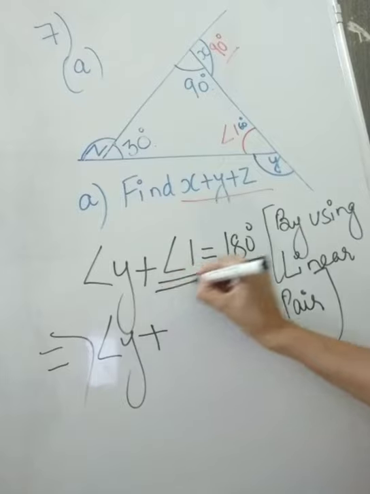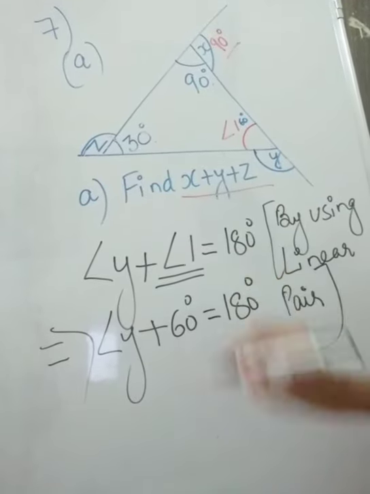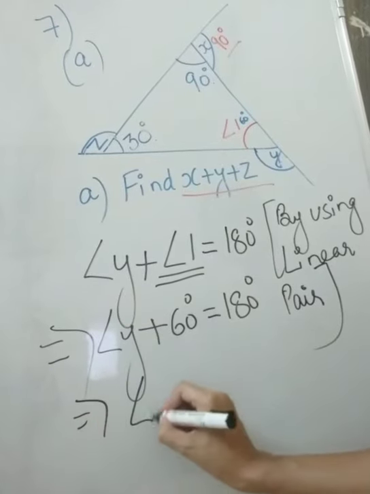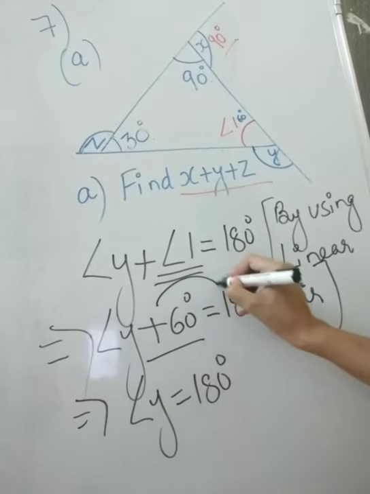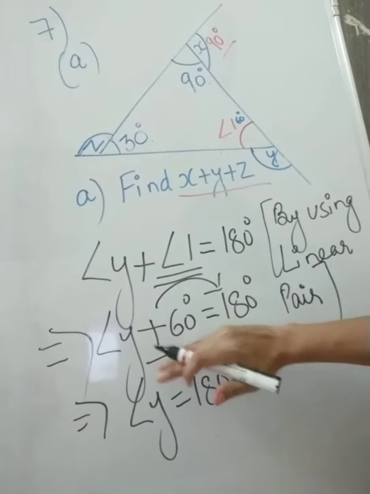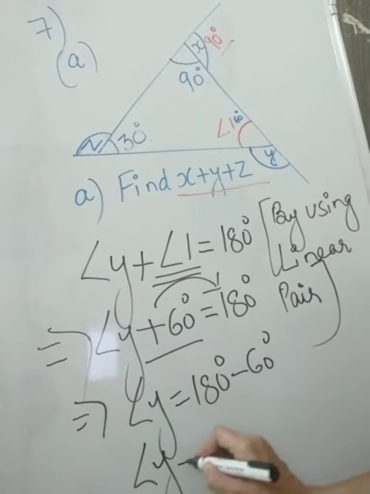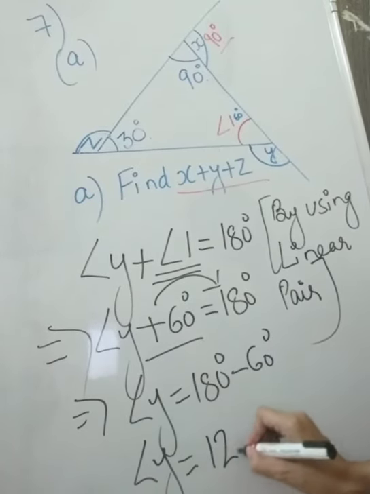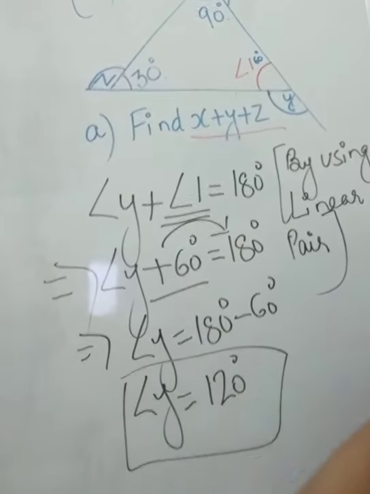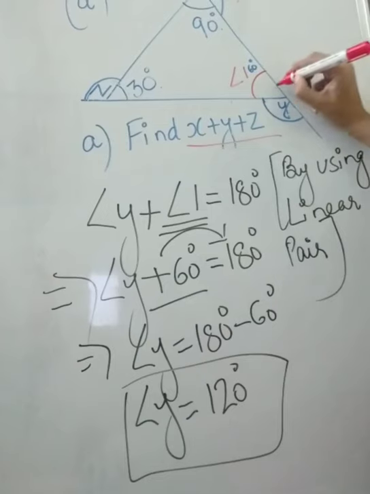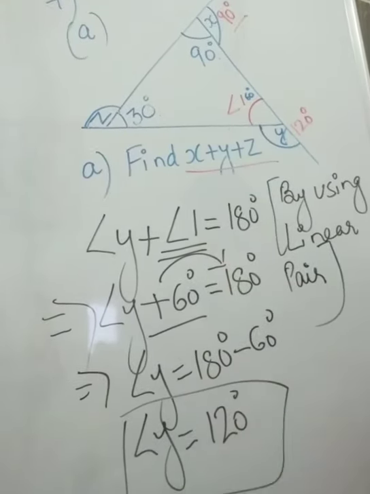So in place of angle 1, we will write 60 degree. Now angle y is equal to 180 degree. This plus 60, when it moves to RHS, will be minus 60 degree. So angle y will be 180 minus 60, which is 120 degree. So the value of y is what, student? It is 120 degree.